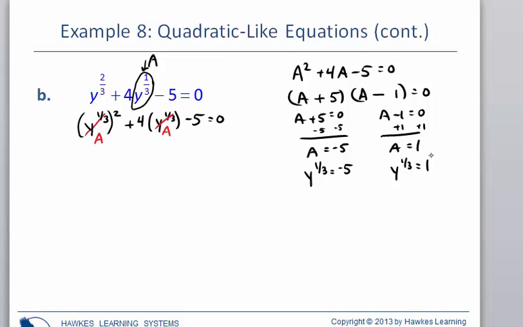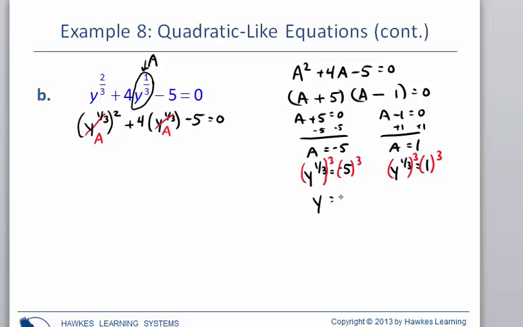And so how do we solve these two equations? They are not quadratic anymore. We just need to solve for y. So the easiest thing to do would be to raise both sides of this to the 3rd power. And in doing so, that's going to take care of your fractional exponent here. So 1/3 of 3 is just going to be 1.